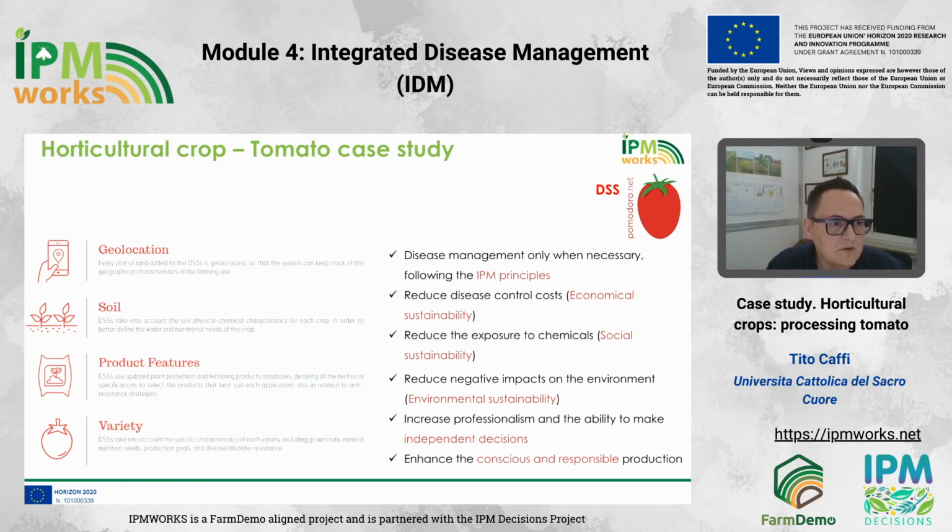So disease management on processing tomato only when necessary. So the practical implementation of IPM principles. The aim, of course, is to reduce disease as much as possible, controlling cost to achieve economical sustainability, and reduce the exposure to chemicals for the operators, for farmers, but also in terms of risk of residues for the final production.